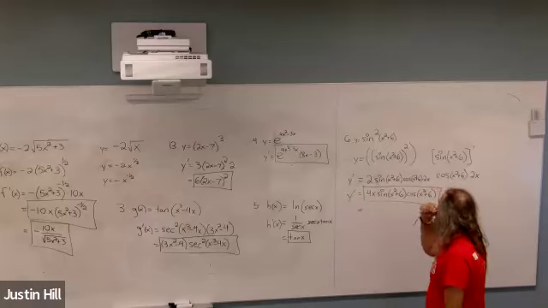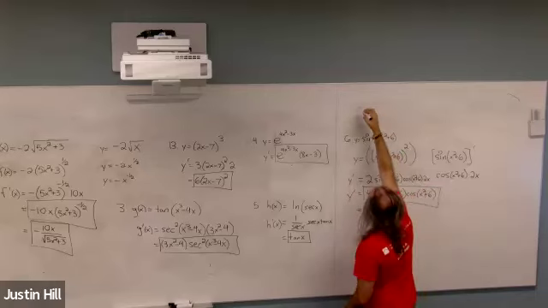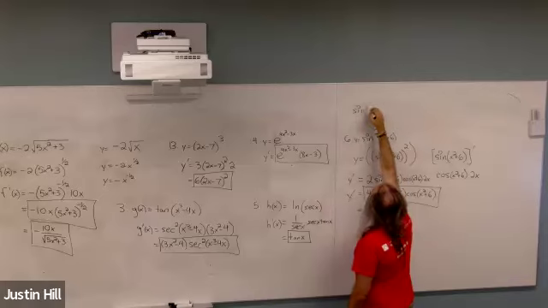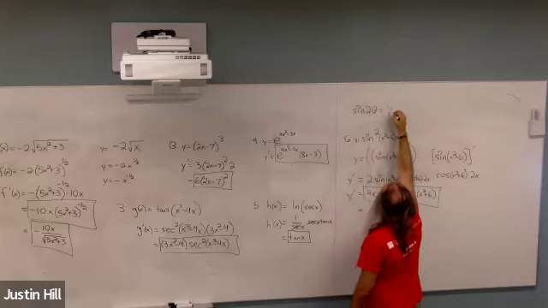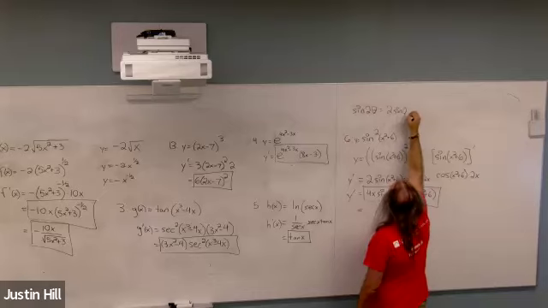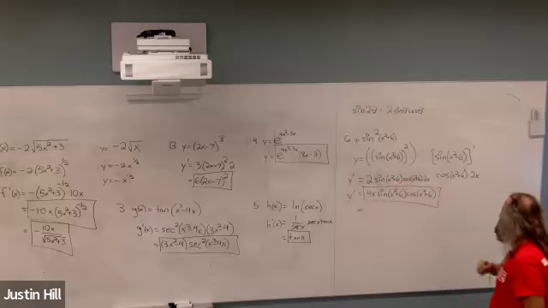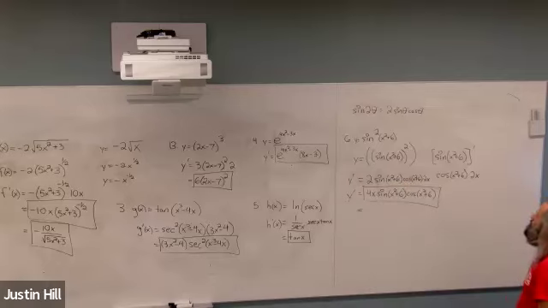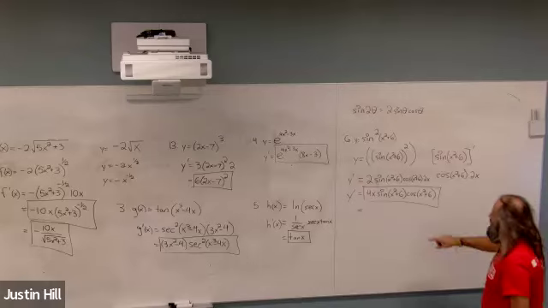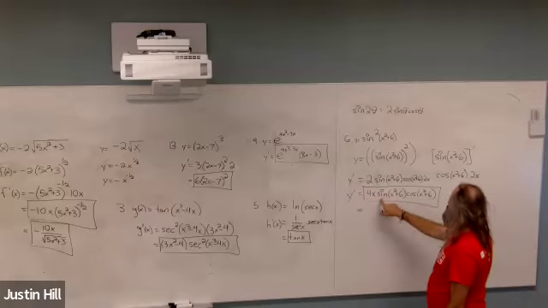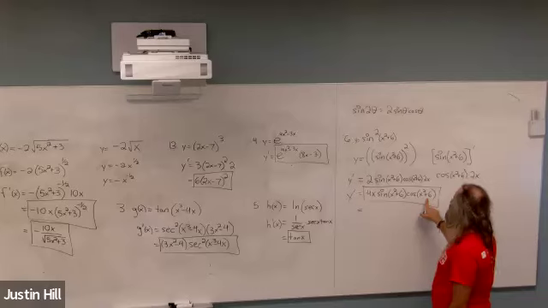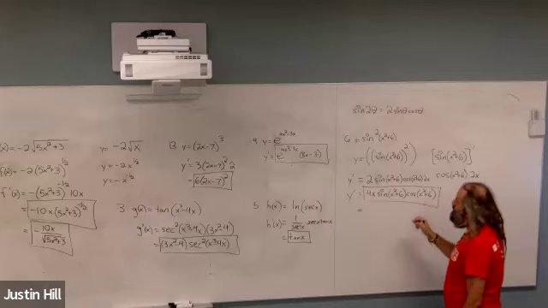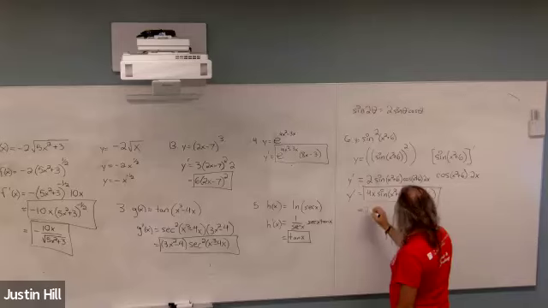If you remember your double angle identities, one of them says that sine of twice an angle equals 2 times sine of the angle times cosine of the angle. Notice we have 2 times sine of an angle, cosine of an angle, so we can rewrite that part. I'll factor out a 2 here, which leaves me with 2x.